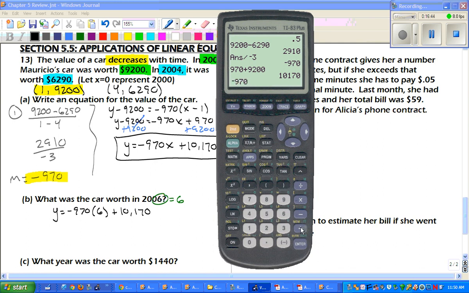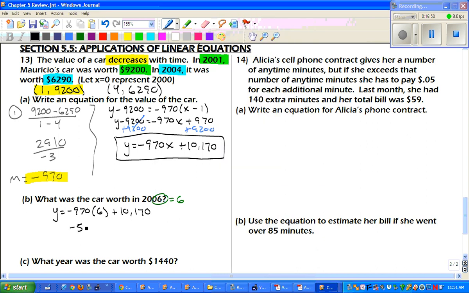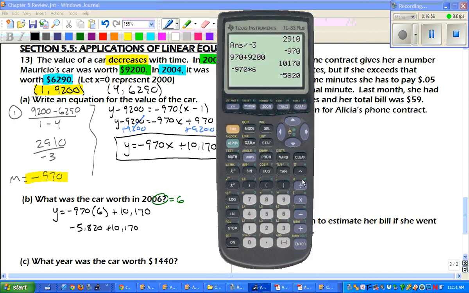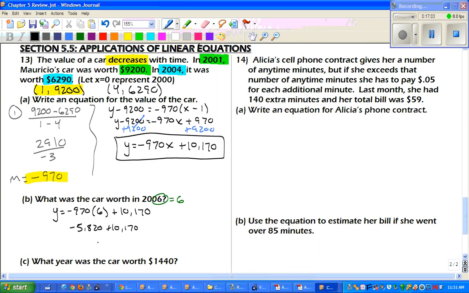Negative 97 times 6 gives us negative 582. Add that to 1,017, and you get that the total worth of the car is going to be $435.